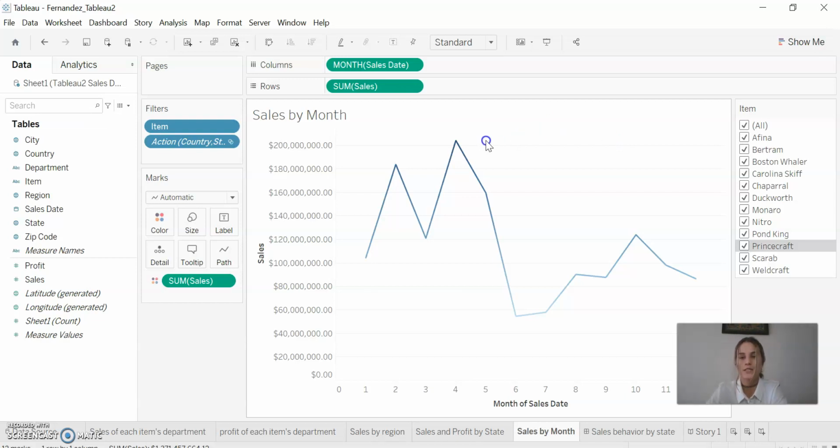If you have a tendency of the sales to lower in this month, usually you can better advertise it or create some incentives so people are more likely to buy the products in those months. That's one of the things that I wanted to point out.